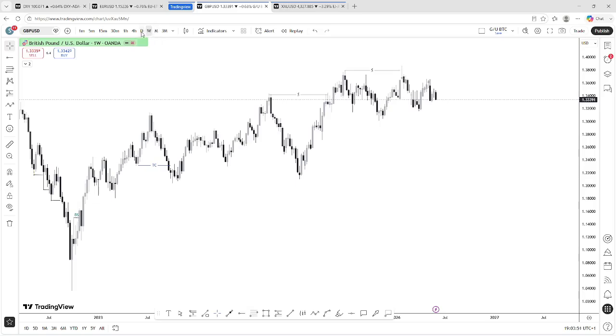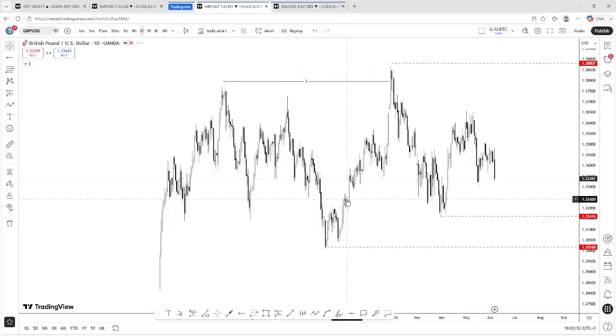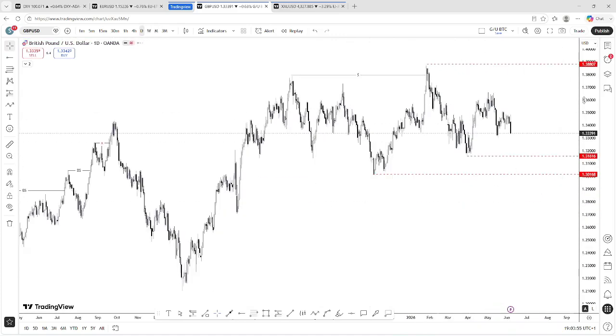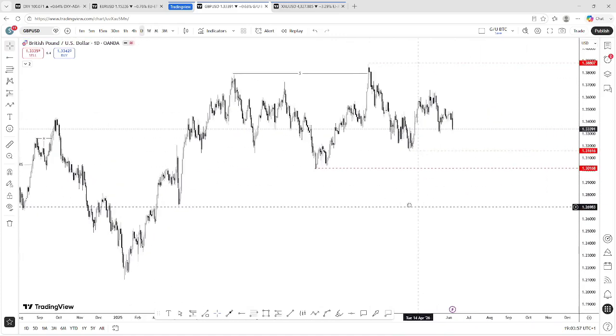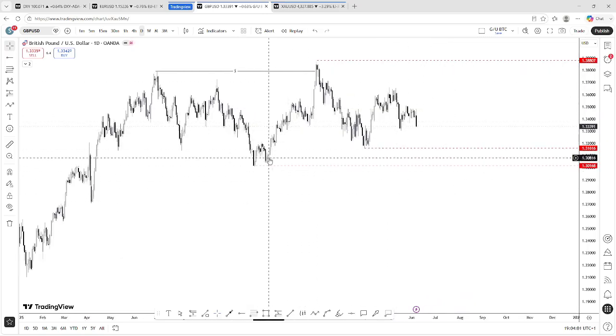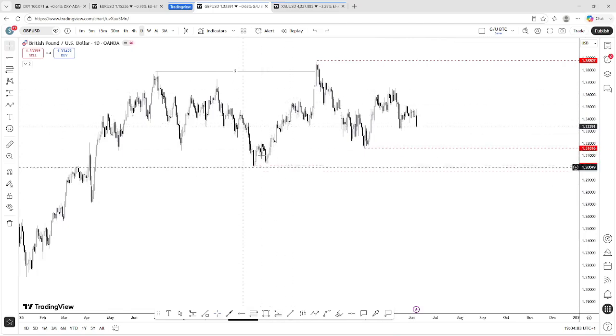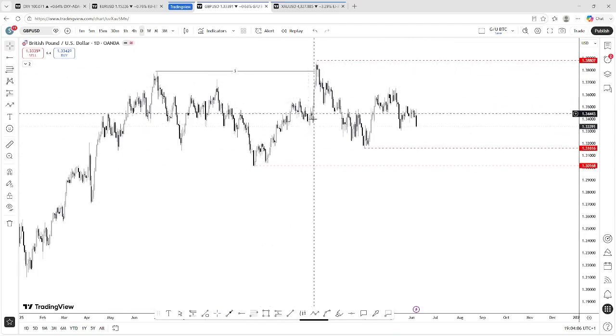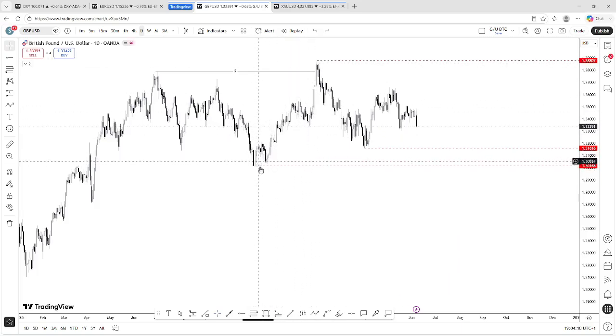And so let's head over to the daily time frame. And again, on the daily time frame, we can see that I don't really have a very clear picture, because you can see that the last break of structure was a bullish break of structure, and this break of structure was facilitated by this.